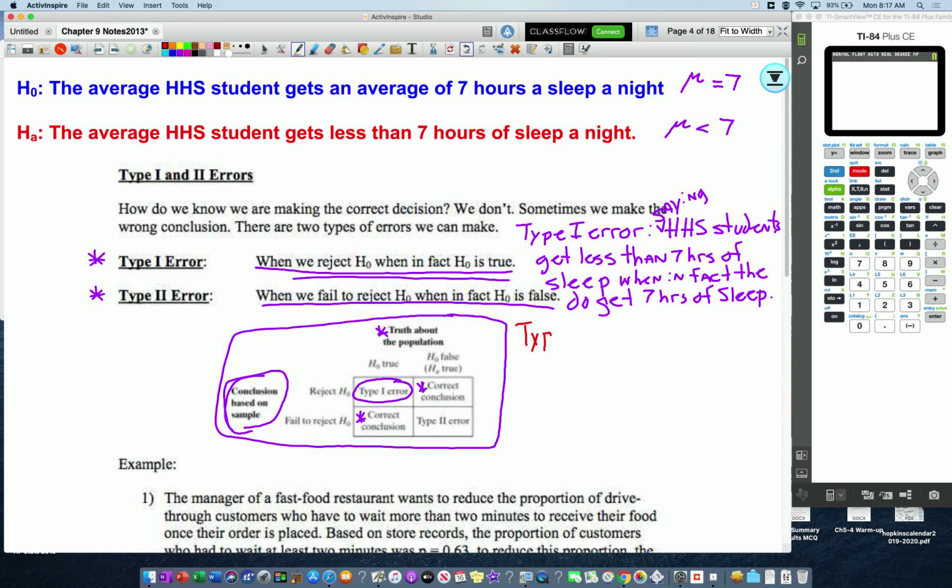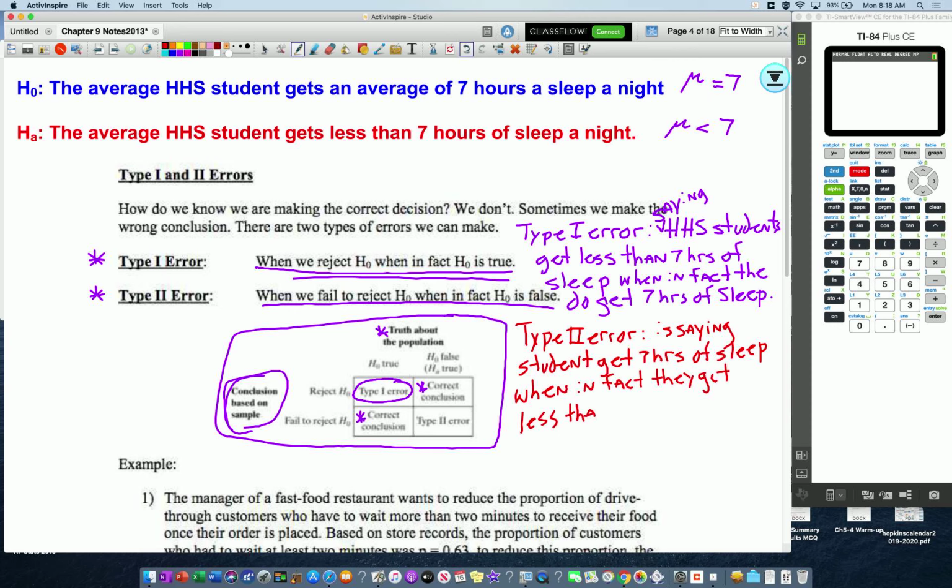The type 2 error is saying students get 7 hours of sleep when in fact they get less than 7 hours of sleep.